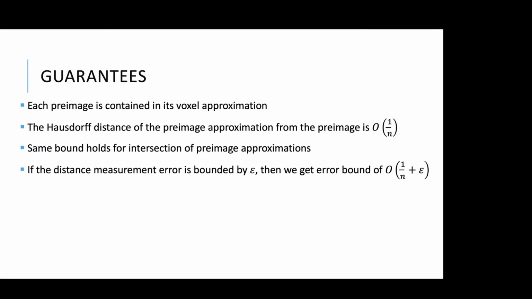Also, we are robust to errors in distance measurements, in the sense that if we know that the error is bounded by some small epsilon, then we can show that the preimage of the distorted measurement is epsilon close in the Hausdorff sense. So just to clarify, when I say the Hausdorff distance, I mean the largest distance between any pair of closest points, right?